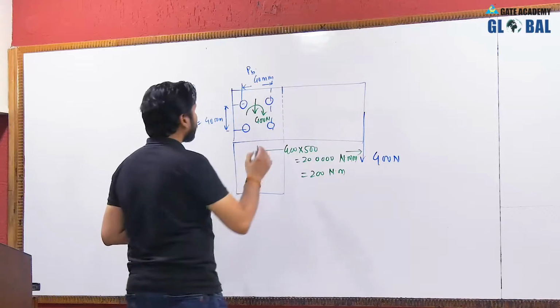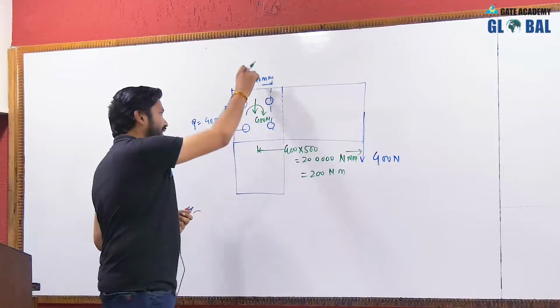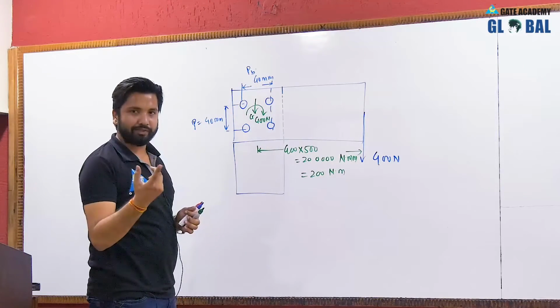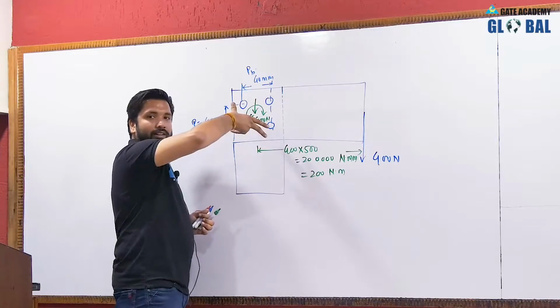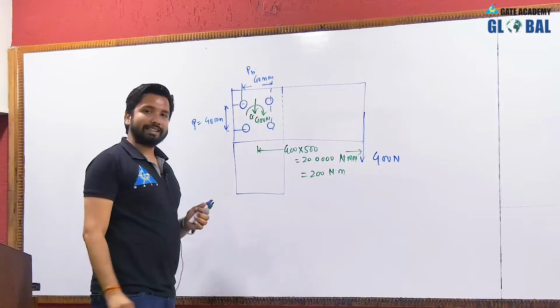Now this will produce a primary and a secondary shear force. The direct shear force, which acts at the centroid of the arrangement, will produce the primary shear force, and the moment about the centroid of the arrangement will produce the secondary shear force.